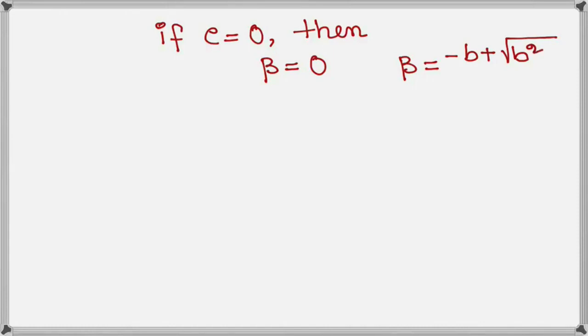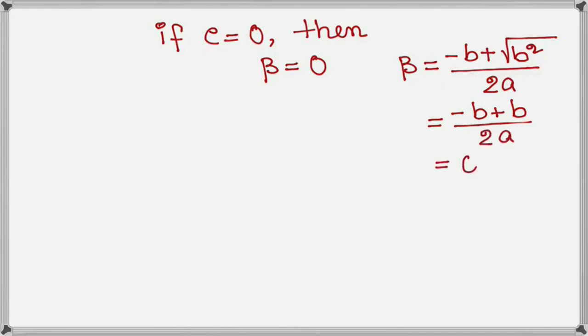So we have only square root of b square here, divided by 2a. Now we have b is strictly bigger than 0, so we only get minus b plus b divided by 2a, which is 0.